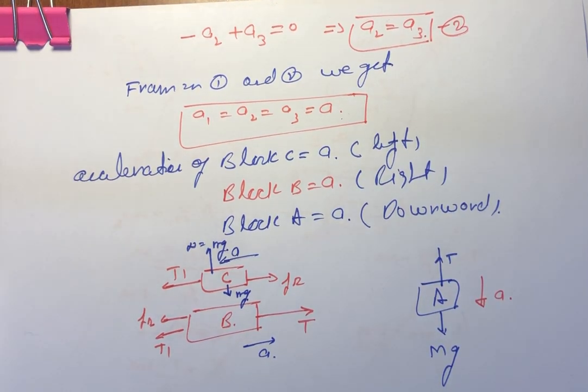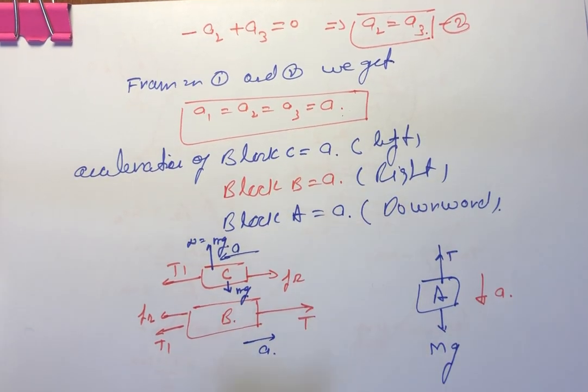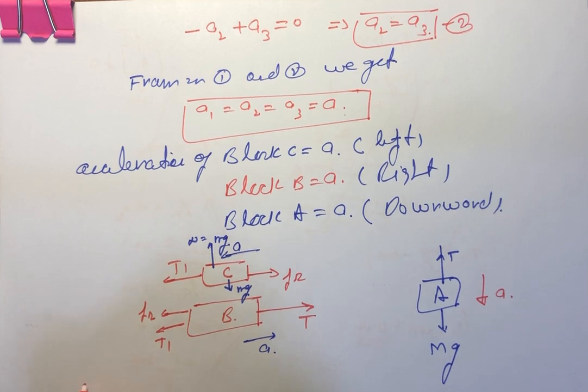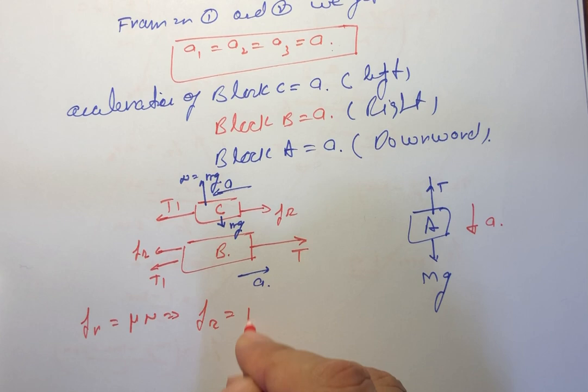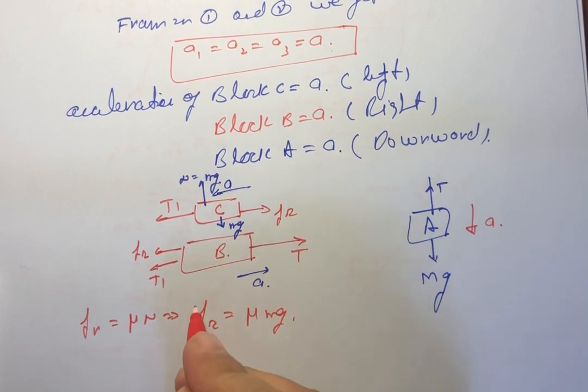So from here we can say our Fr will be equal to mu N, which is equal to mu mg. Fr will be equal to mu mg.